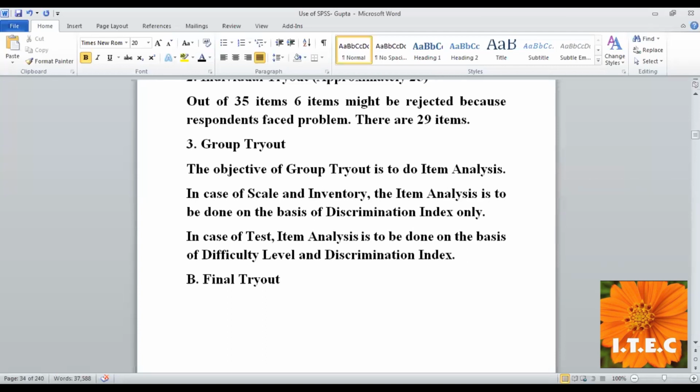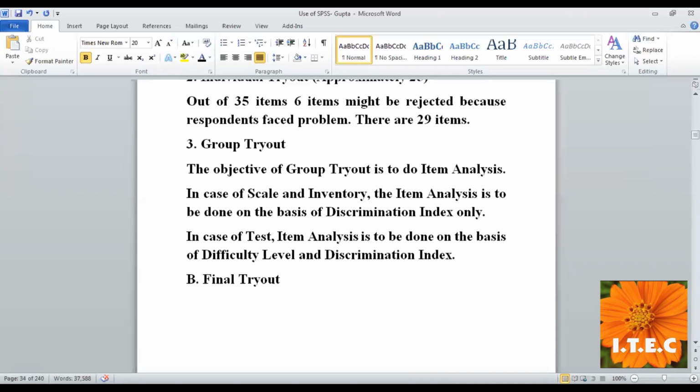I explained this point to you day before yesterday, that whatever response you give, it is to be accepted. But in case of a test, your answer may be correct or your answer may be wrong. So when your answer is correct, maybe the item is easy for you, and when your answer is wrong, maybe the item is difficult for you.